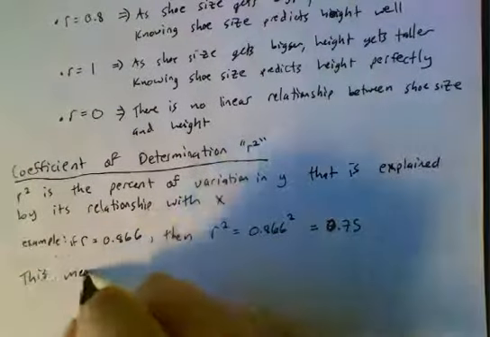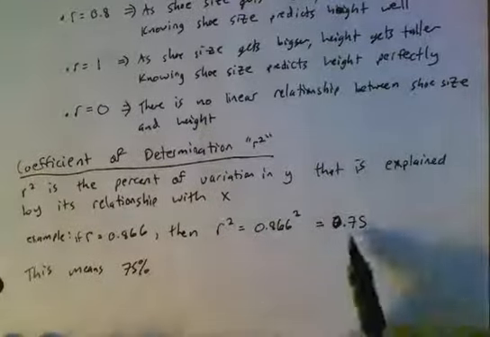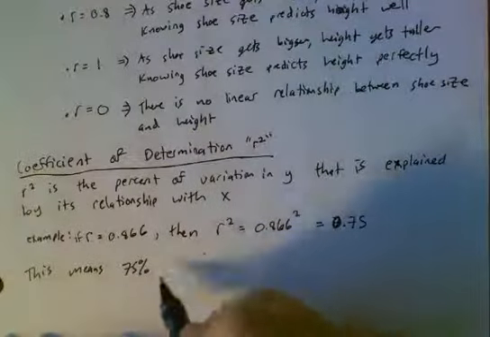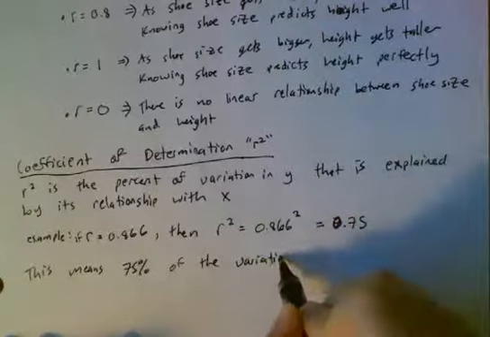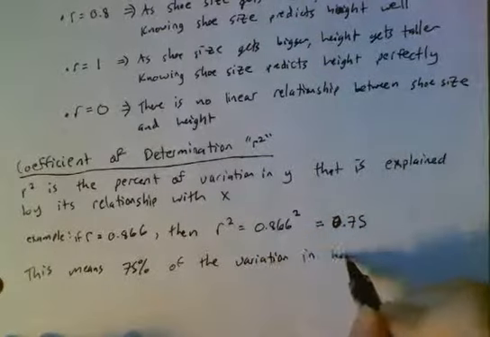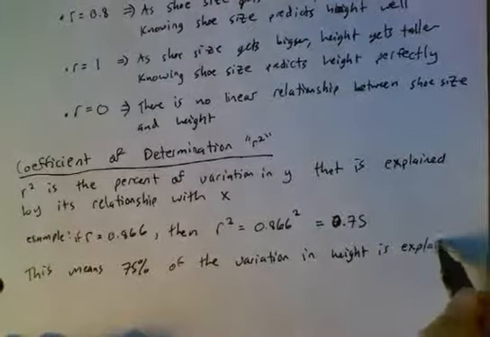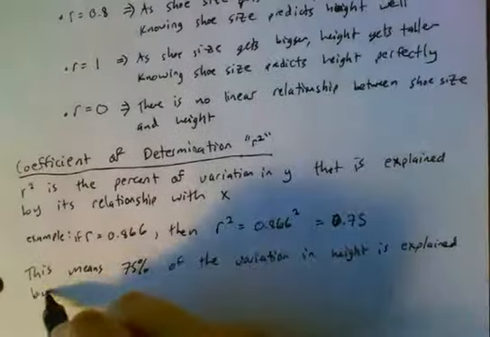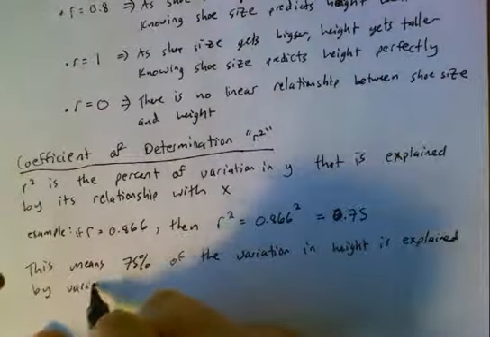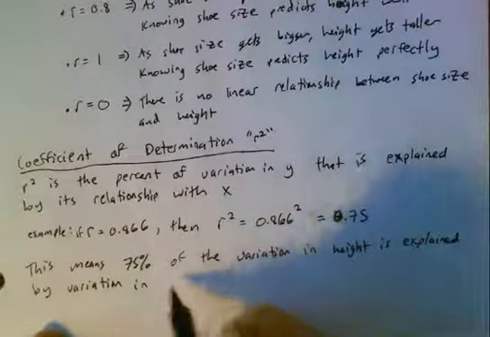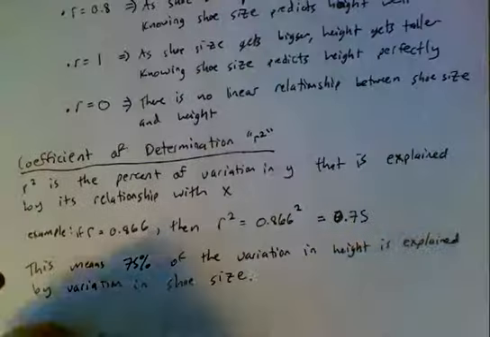This means 75%, so that 0.75 just written as a percent, of the variation in height is explained by variation in shoe size.